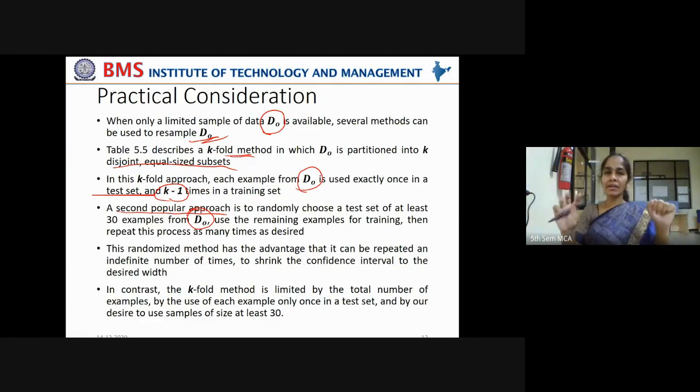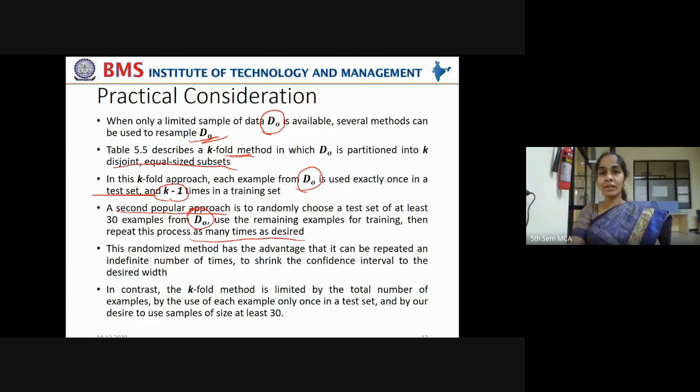Say there are 100 data points in this D naught. 30 you randomly choose for the test set and the remaining 70 data points you use for the training set. Then repeat this process as many times as desired. Not only 10 times, not only 20 times. You may repeat it as many times as you want based on the time available for training.